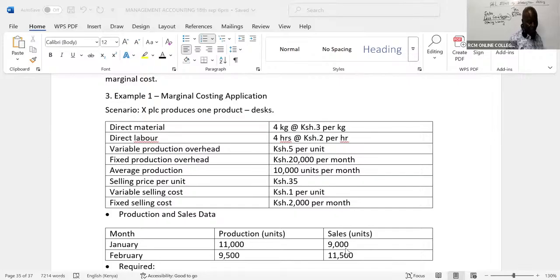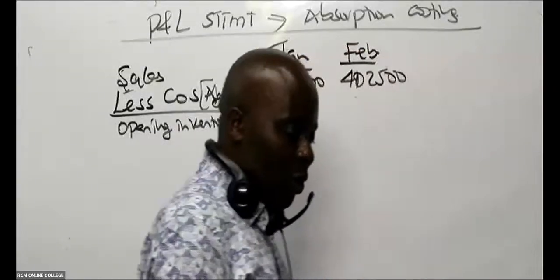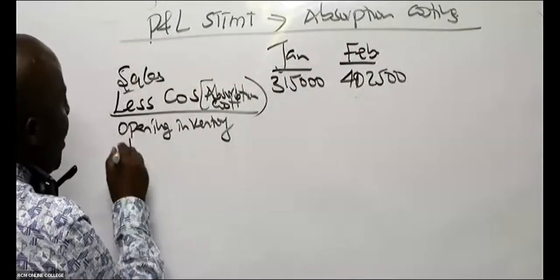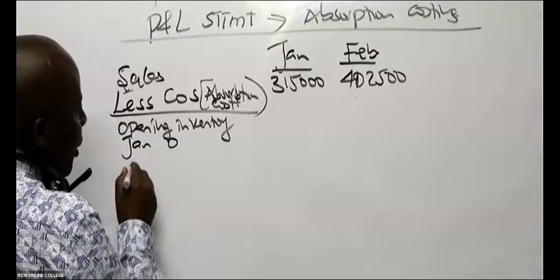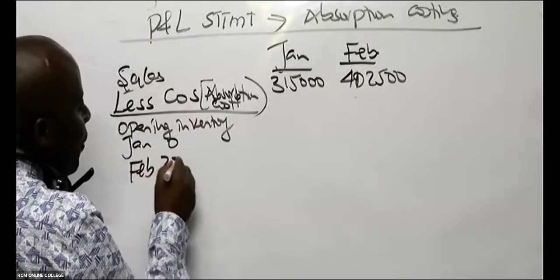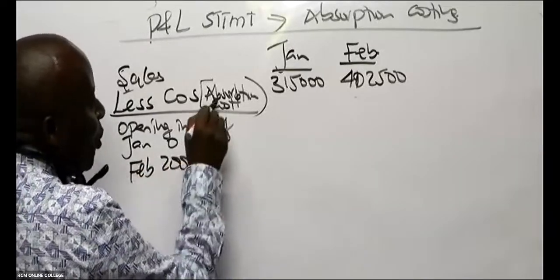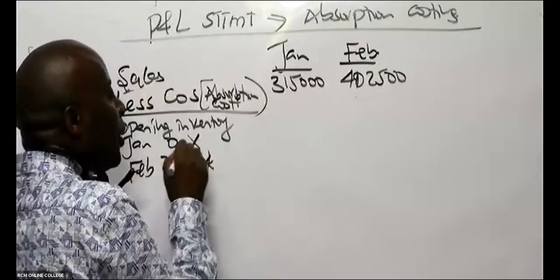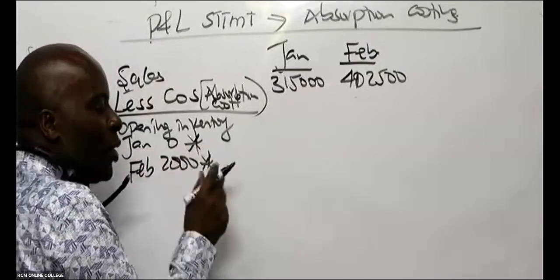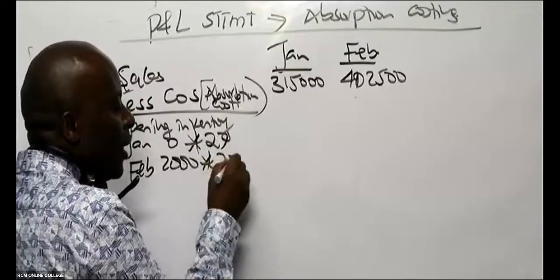So we have a scenario of closing inventory. Opening inventory in January is 0. But for February opening inventory, you gave me 2,000. And because you're using absorption costing, we know the cost per unit for inventory, which you gave me a figure of 27.